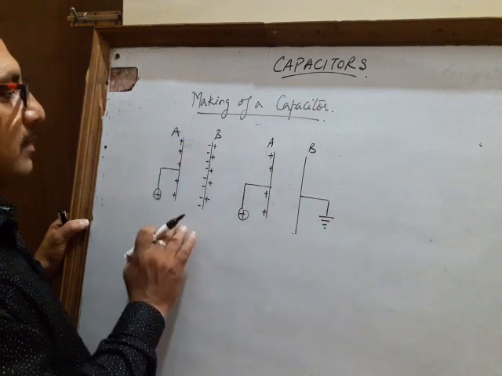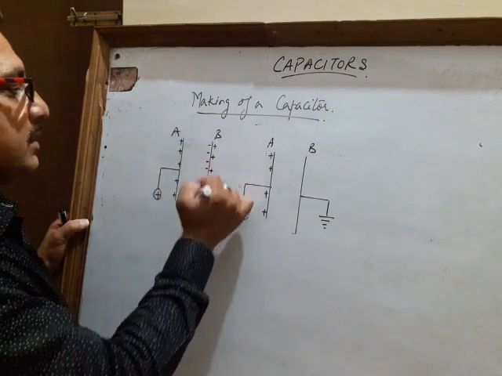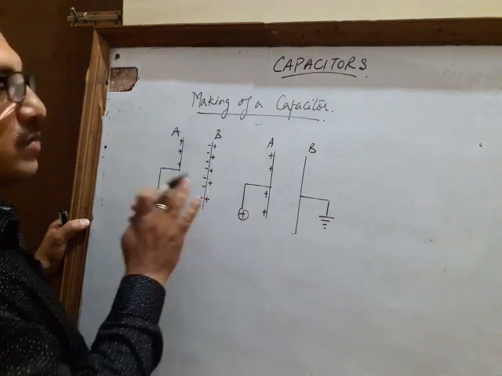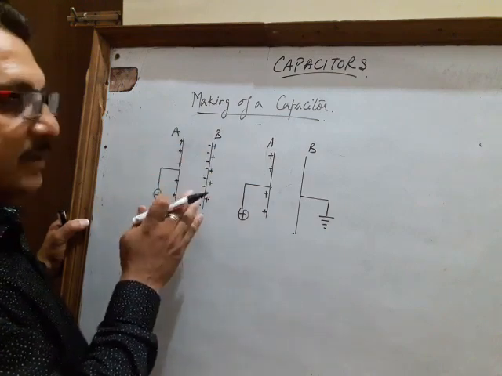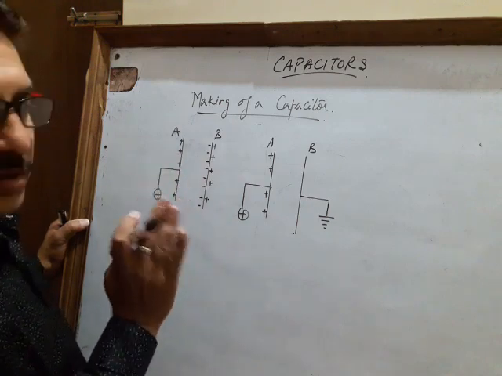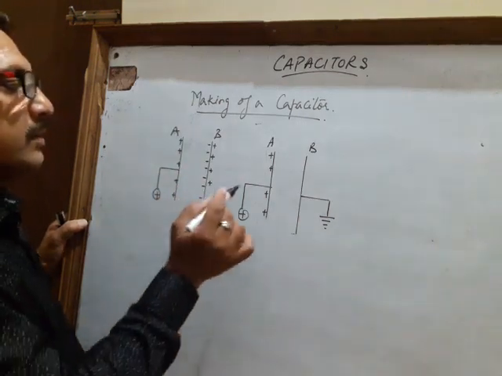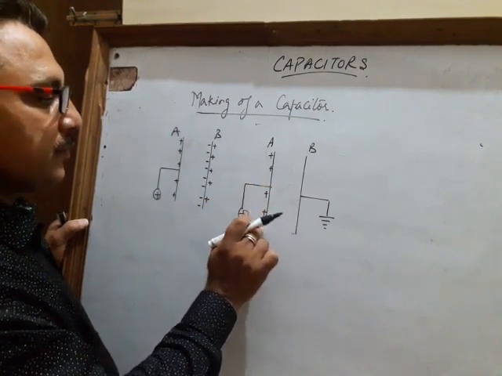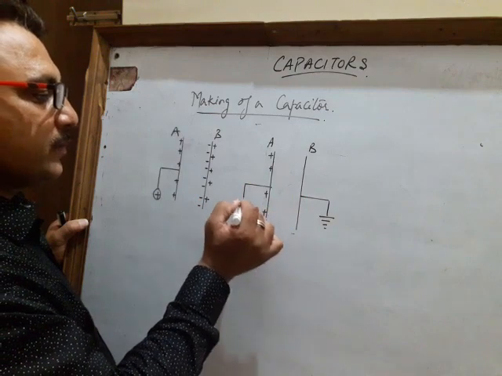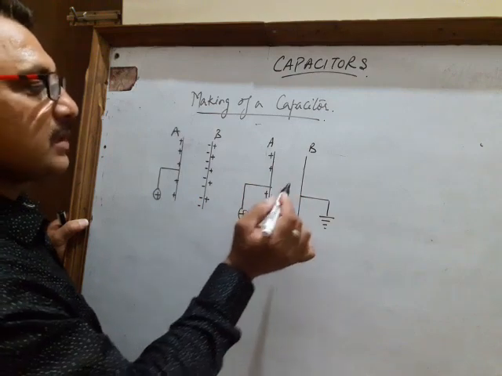But overall effect, because these two charges are present in equal amounts close to each other on the same plate, so overall effect is almost negligible. But in this figure you see this is the positively charged plate connected to the source of positive charge.